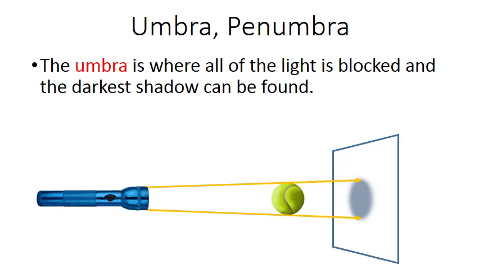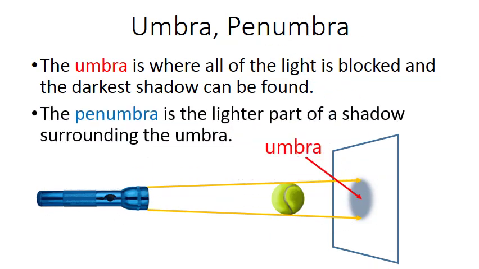It goes all over the place. So instead of just having the umbra, we also have the penumbra, which is the lighter part of the shadow that goes around. Because light can cross over and go from one side of the flashlight to the other, it creates a penumbra, which is a lighter part of the shadow around the tennis ball.